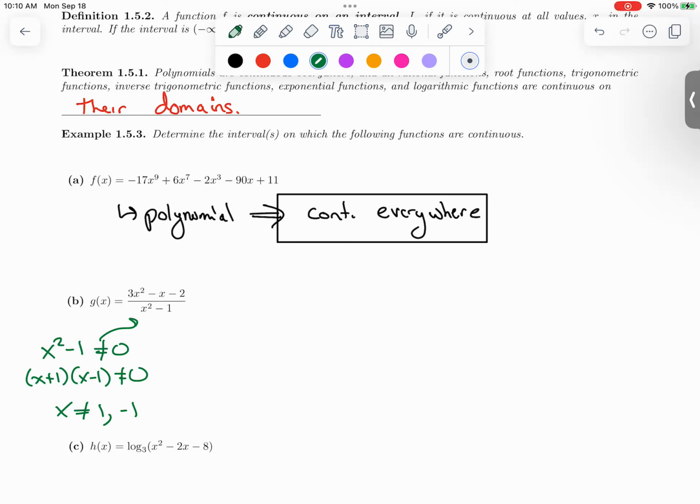So if we were to draw a number line, here's negative 1, here's 1. We pluck these values out, but everything else is fair game. As you get better at this, you don't necessarily need to draw the number line, but if you want to, feel free to.